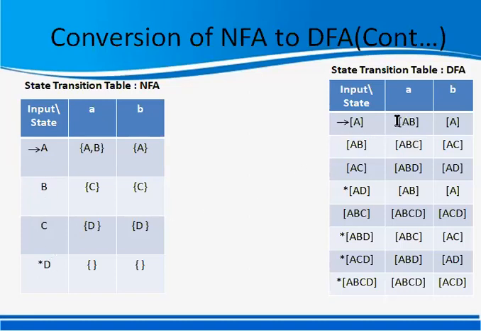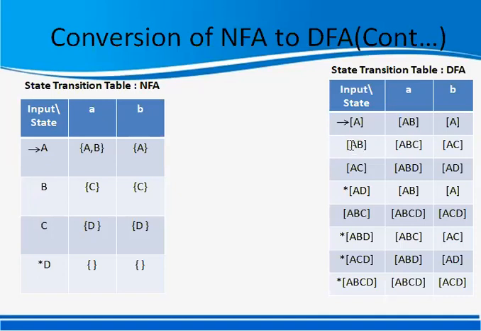So we will see the transitions only on states for which we have not seen transitions. So we have seen transitions on A. So we have not seen the transitions on AB. So we will see on AB.